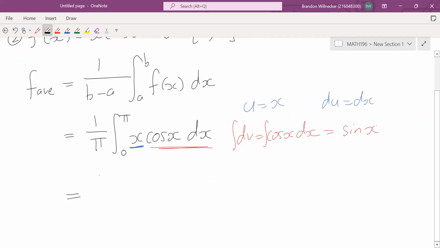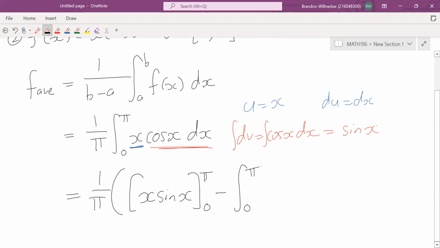So this is now going to become 1 over pi. We're going to have u times v, and then we need to evaluate that. So that's going to be x sine x, evaluated from 0 to pi, minus the integral from 0 to pi of v du. So that's going to be sine x dx.